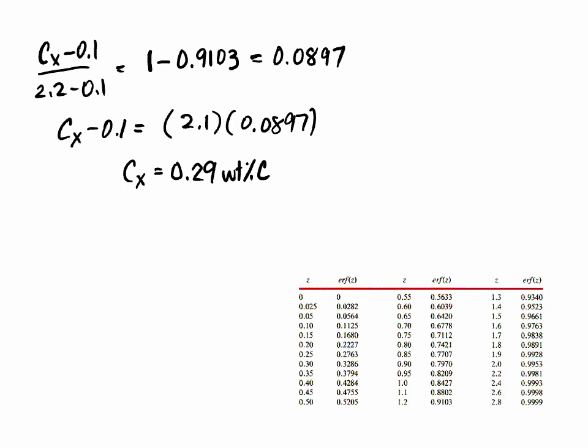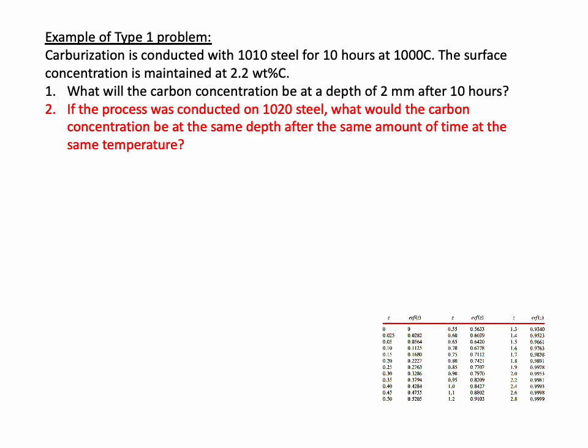All right, what if I have a follow-up question? What if the follow-up question says, okay, instead of doing this on 1010 steel, what would happen if we used 1020 steel? So I'm changing C0, and everything else remains the same.